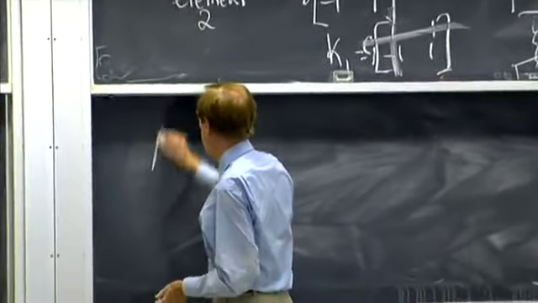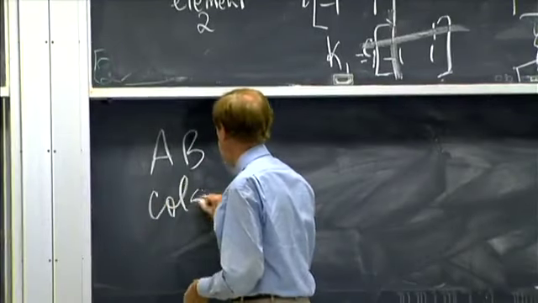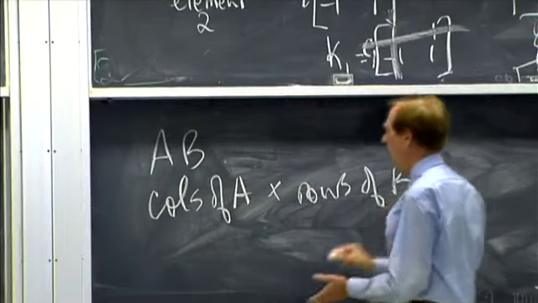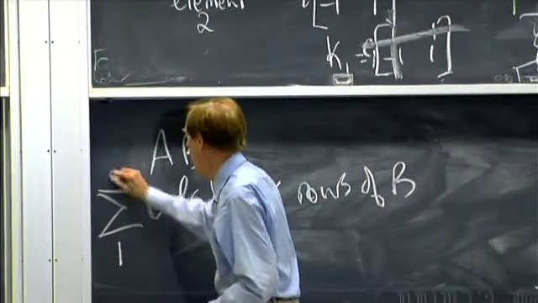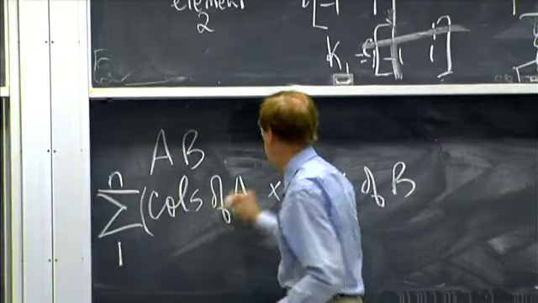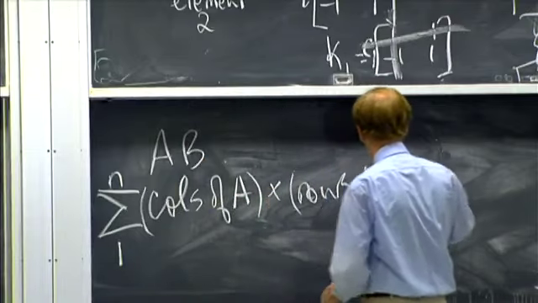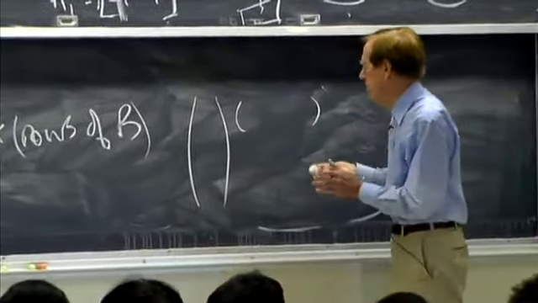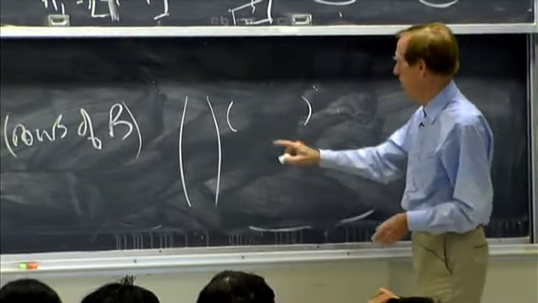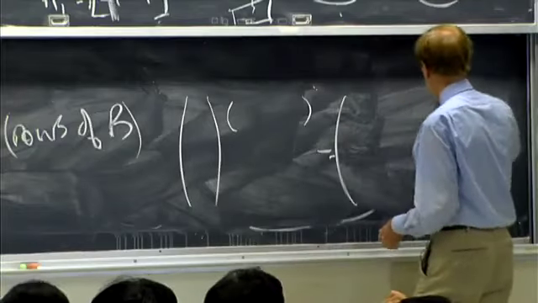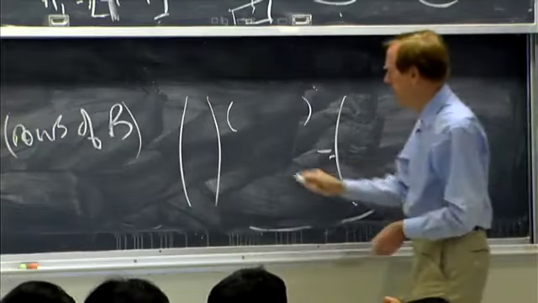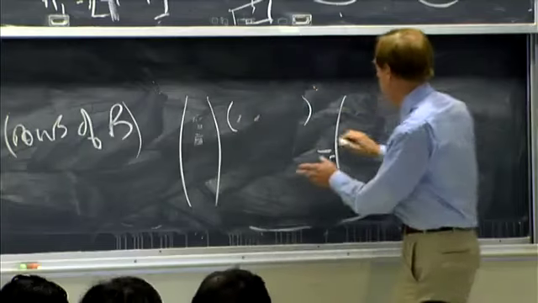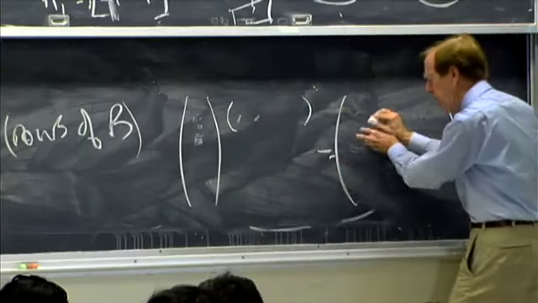So you can multiply A, B, columns of A times rows of B, and then add over 1 to n, a column of A times a row of B. So a column is a vector like this, a row is a vector like that, and the result is a full-size matrix, but if the column is concentrated at a couple of nodes and the row is too, then it will have zeros everywhere except at those.